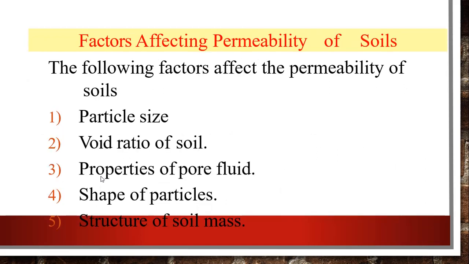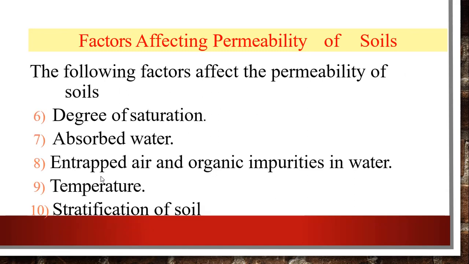Basically, the following factors affect the permeability of a soil: particle size, void ratio of the soil, properties of the fluid, shape of particles, structure of the soil mass, degree of saturation, adsorbed water, entrapped air and organic impurities in the water, temperature rise or decrease, and stratification of soil.